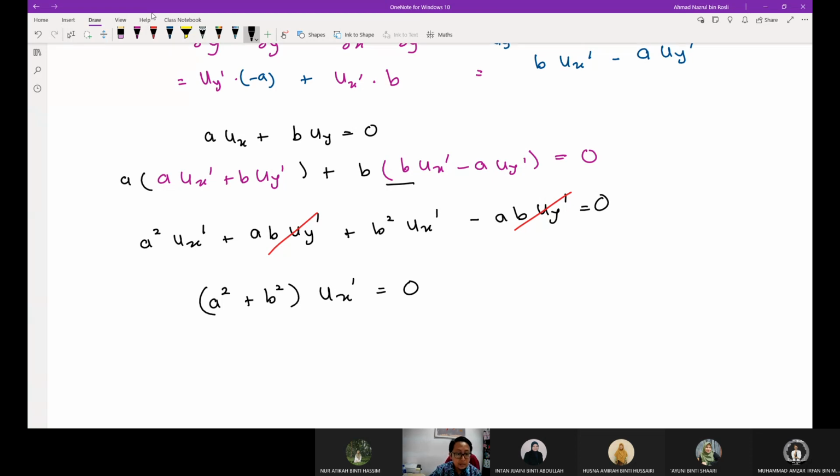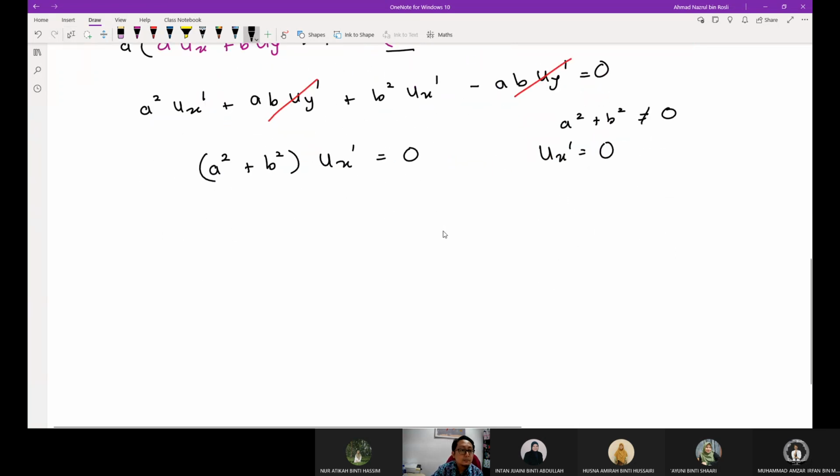And you must know that a square plus b square cannot be 0 because it's constant. So our conclusion will be u x prime is equal to 0. Because u x prime is equal to 0, this becomes a bit complicated. Okay.